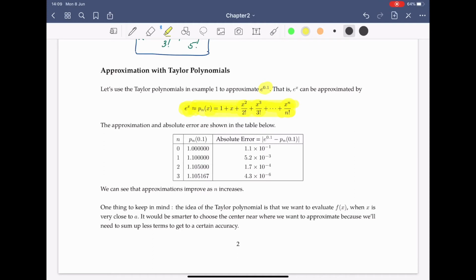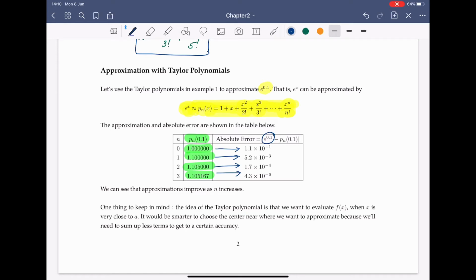And then you can see that if I compute the value of p sub n at 0.1, I get the values in the table here. You can see that the value we get is so close to the exact value e to the 0.1, with very small error.